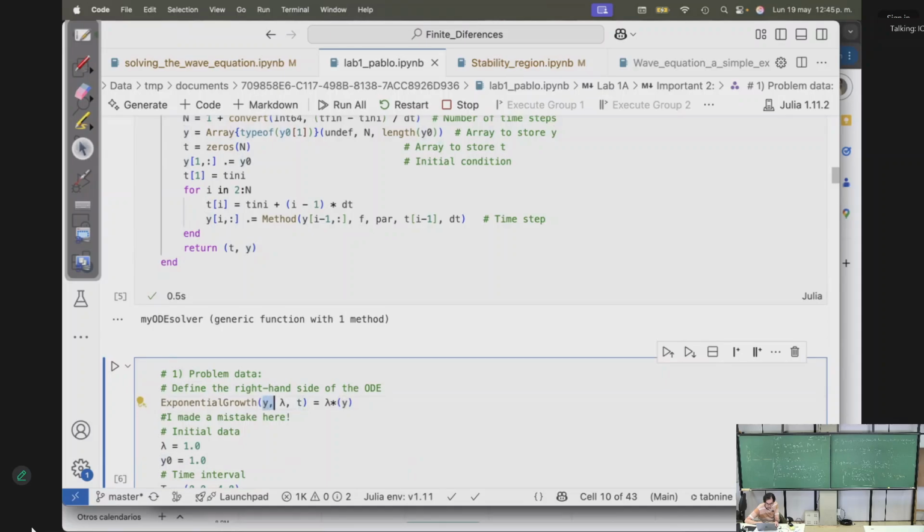It should be y, lambda, t for everything to work. Otherwise, it will try to put the t value here that has nothing to do with the problem. Instead of lambda times y, you will be plotting t times y, and it will not work.